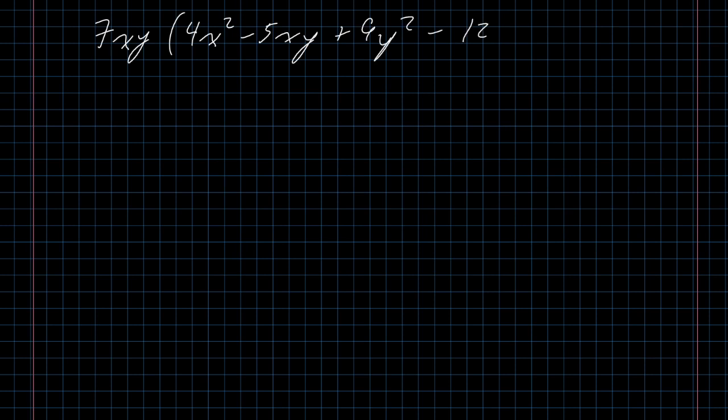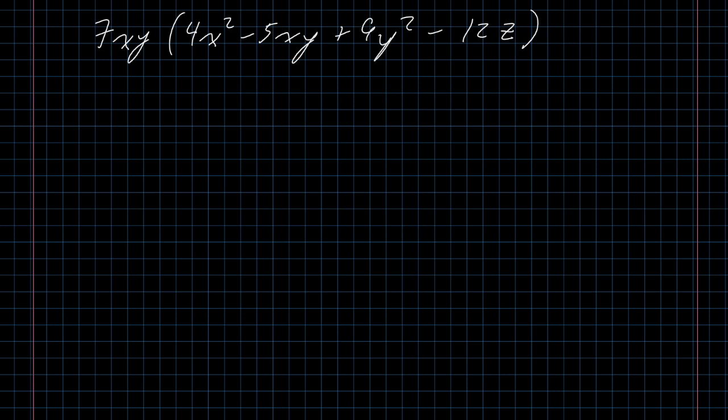If we want to add more variables, we can do that without any issues whatsoever. 7xy times 4x squared minus 5xy plus 9y squared minus 12z. Let's make that look like a z. That's a little better. Right? More terms, but we can still distribute.